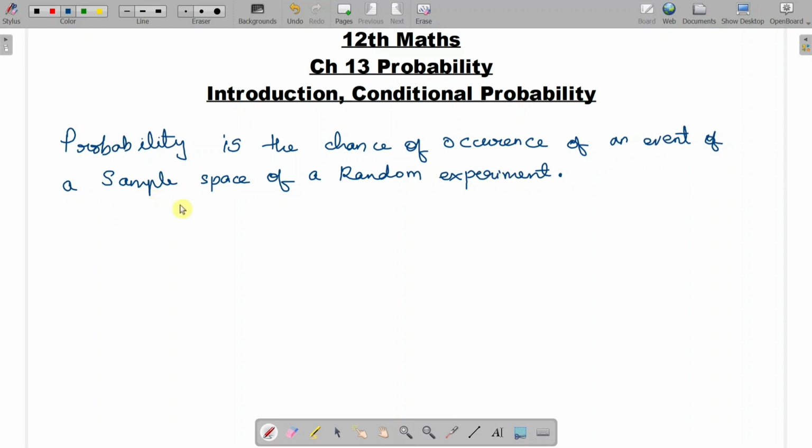Now let us look at the formula that we have studied in 11th class. So let E be any event of a sample space of a random experiment.